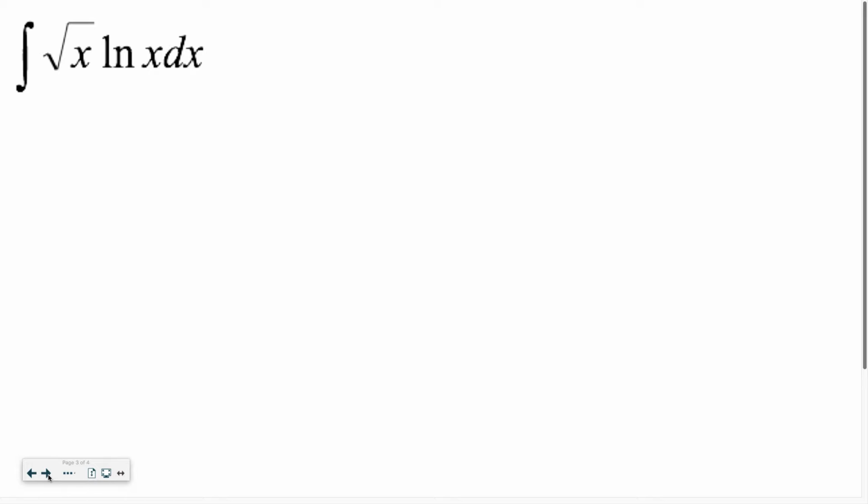I guess I should ask this. Can we use the tabular method? What makes you say, like, what sticks out to you that says no, it's not? Well, even though the x technically has an exponent or it's a polynomial, you still can't do it.